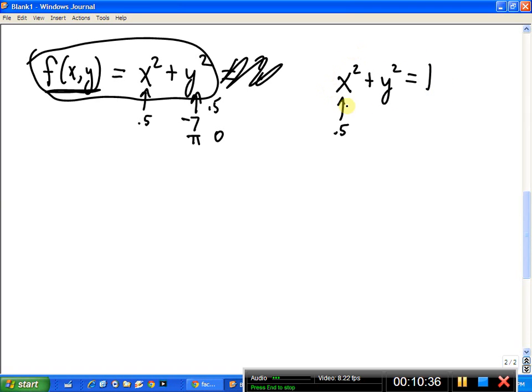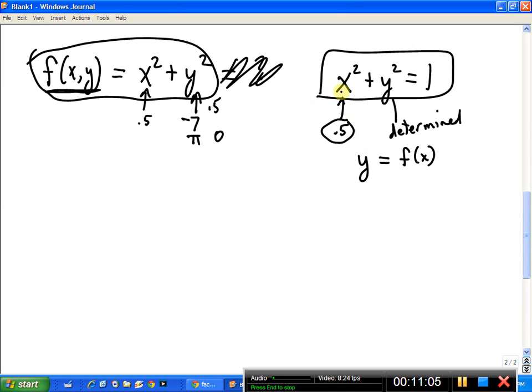And because of this equation, whenever you set x equal to something, that causes y to be determined. Y is determined as a result. So because of this equation, that is what makes y a function of x. Y depends on x because of this equation.